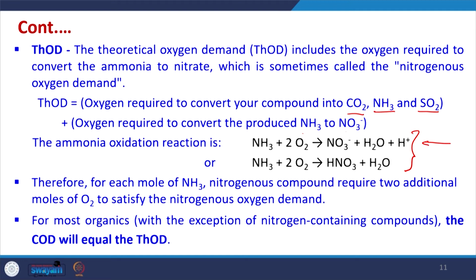So, this precaution has to be taken. For most organics, with the exception of nitrogen containing compounds, if there is no nitrogen in the compound, then the COD value will always be equal to the THOD value. Otherwise, if we are reporting up to nitrate, the THOD value will be higher than the COD value. So, this is the difference.